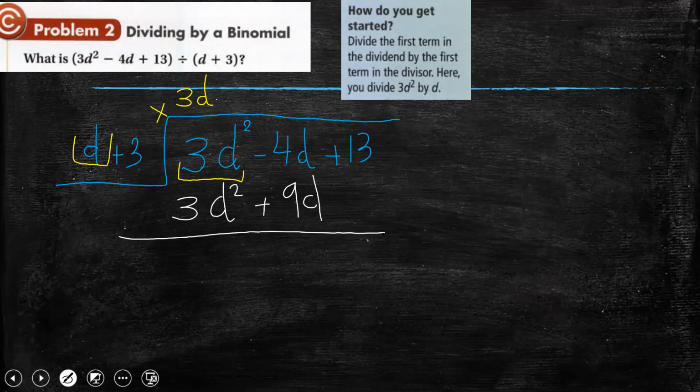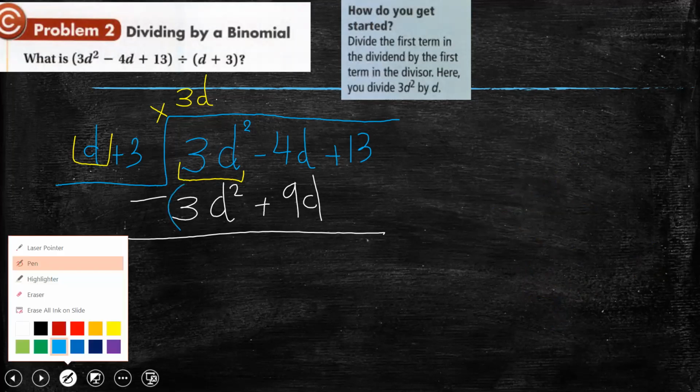Then, as we did in the numbers, you have to subtract. Since we want to subtract, be careful here. Since you subtract, you have to change the sign of each one. I mean, 3d was positive, and here you have a bracket.